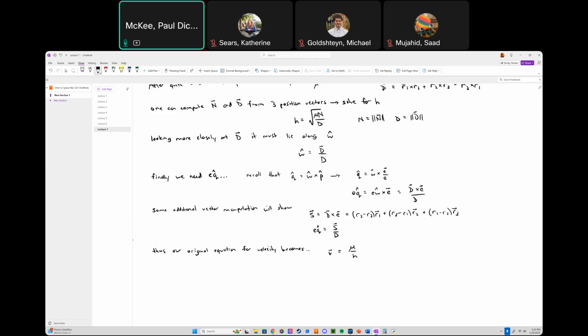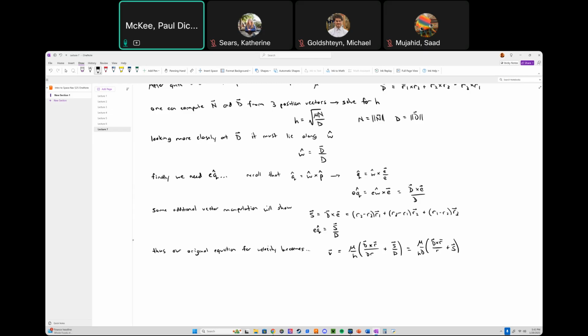We're going to substitute. This is now D crossed with R over DR plus S over D, which is also equal to mu over hD, D crossed with R over R plus S.